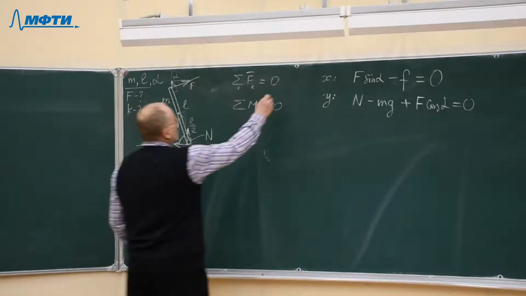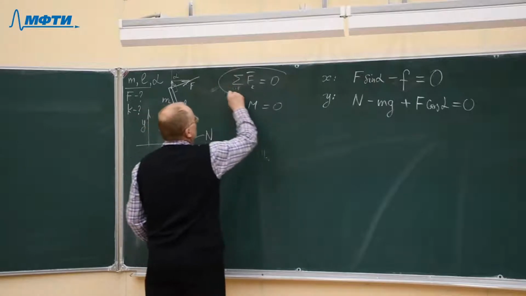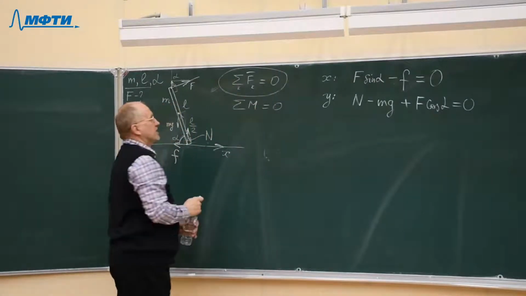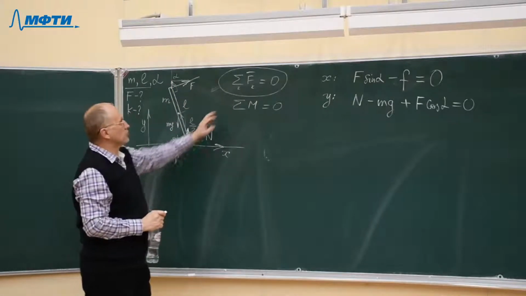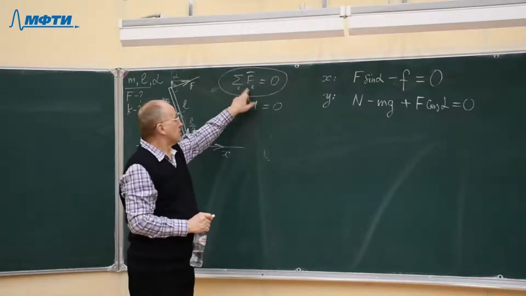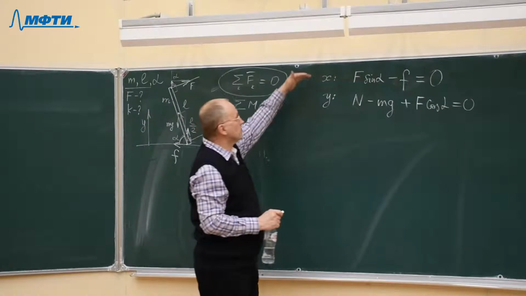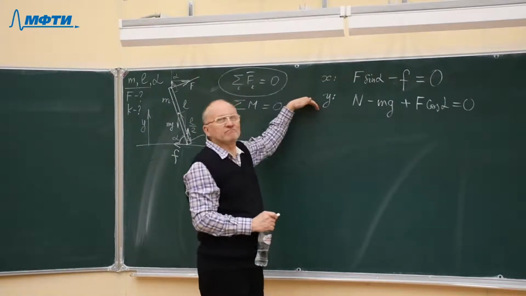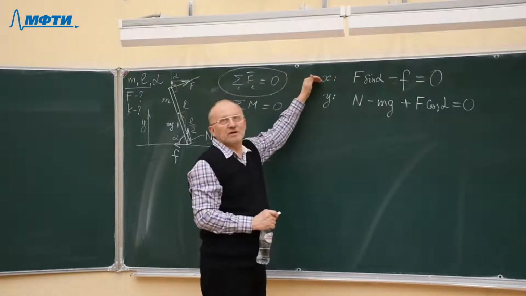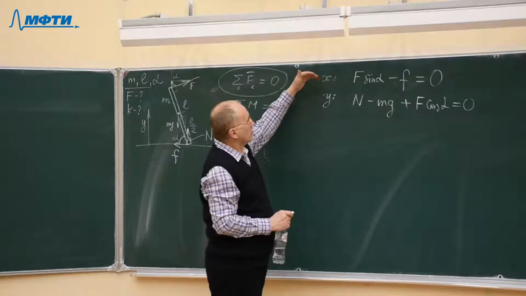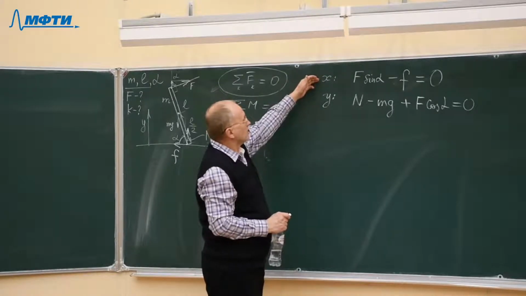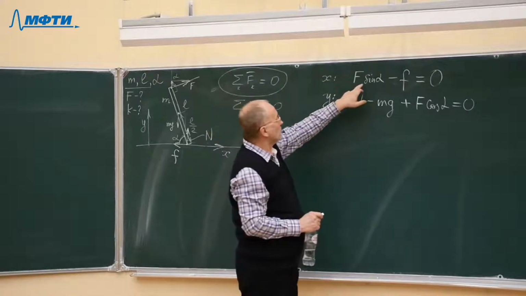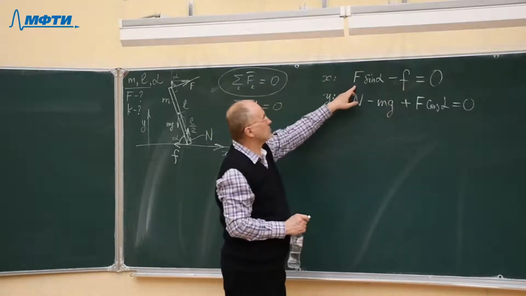So the first condition of static equilibrium, the condition that the net force acting on the object is 0, resulted in 2 equations. The first equation shows that the sum of all horizontal components of vectors is 0.